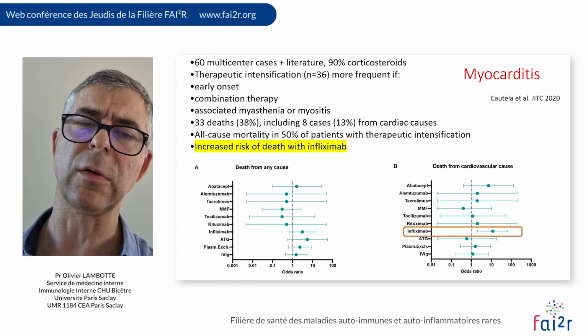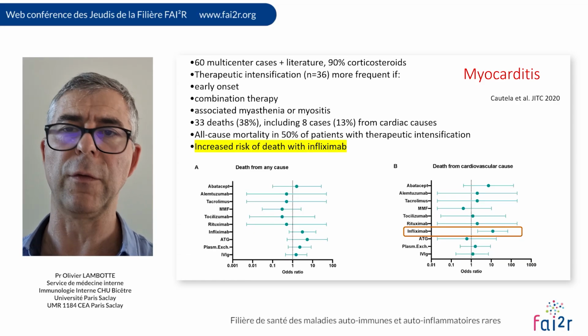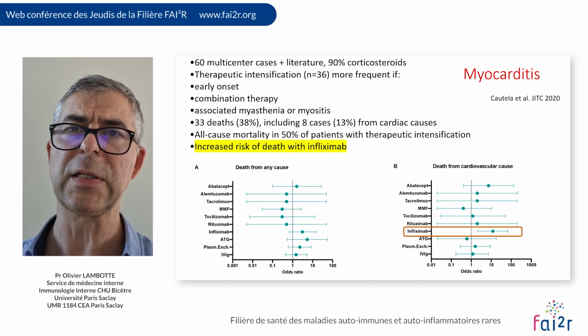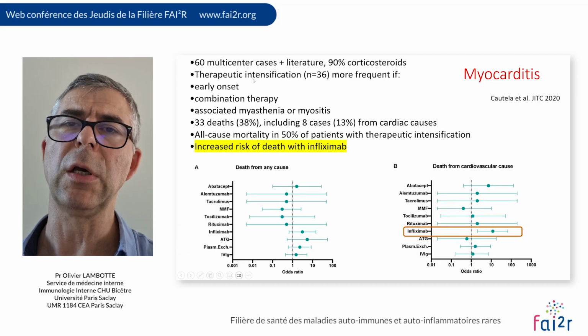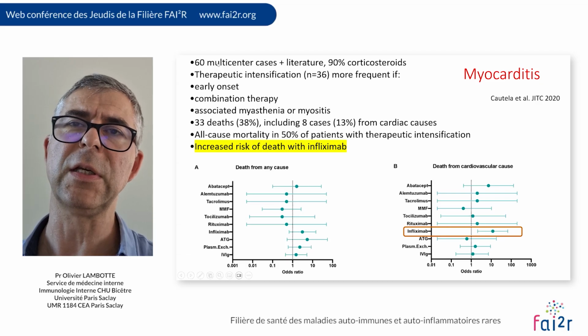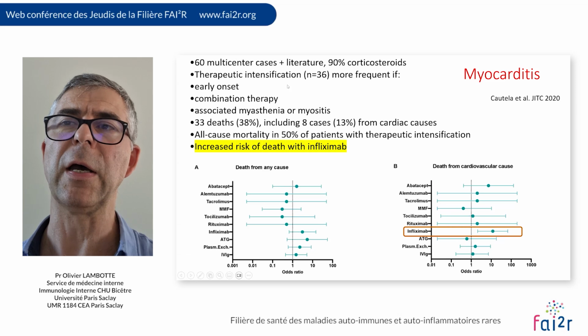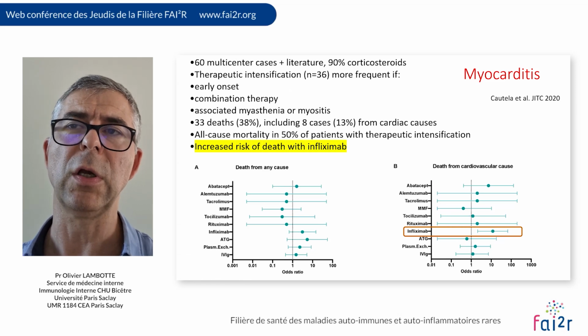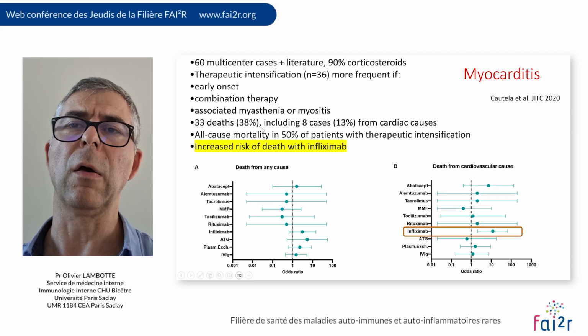This French study tried to find the best treatment for this myocarditis. Some interesting messages. First point, 36 of 60 patients received therapeutic intensification. This means steroids plus something, but interestingly, 24 didn't need anything more. These patients had combination.